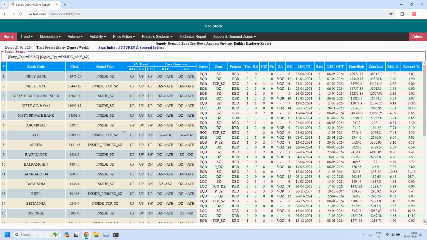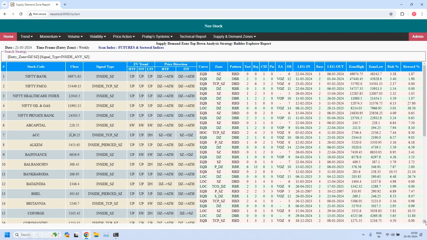Especially people who have experience in supply demand zones for the last 5 or 6 years will be using this strategy. Even some people who recently learned the courses are probably using this report. That is why I publish it every week, to support the people who are aware of this strategy.